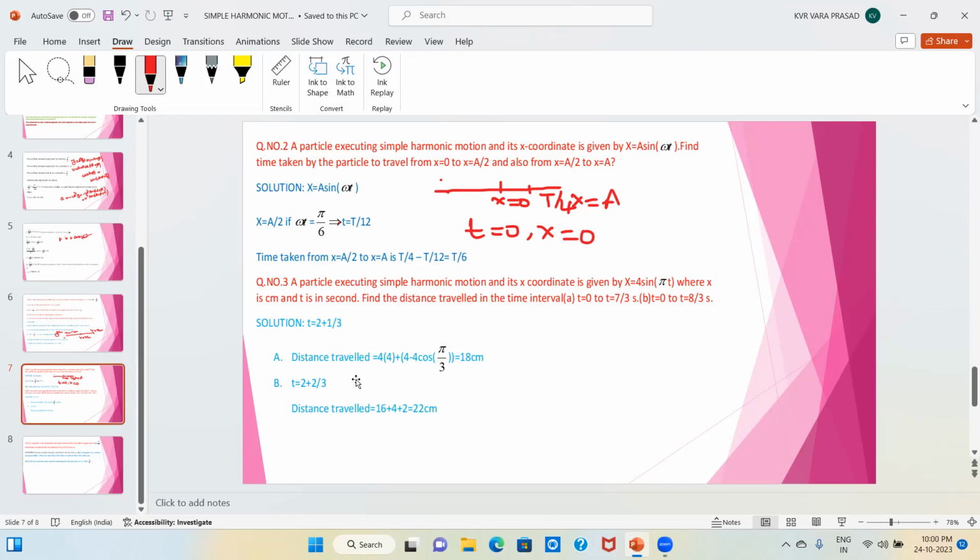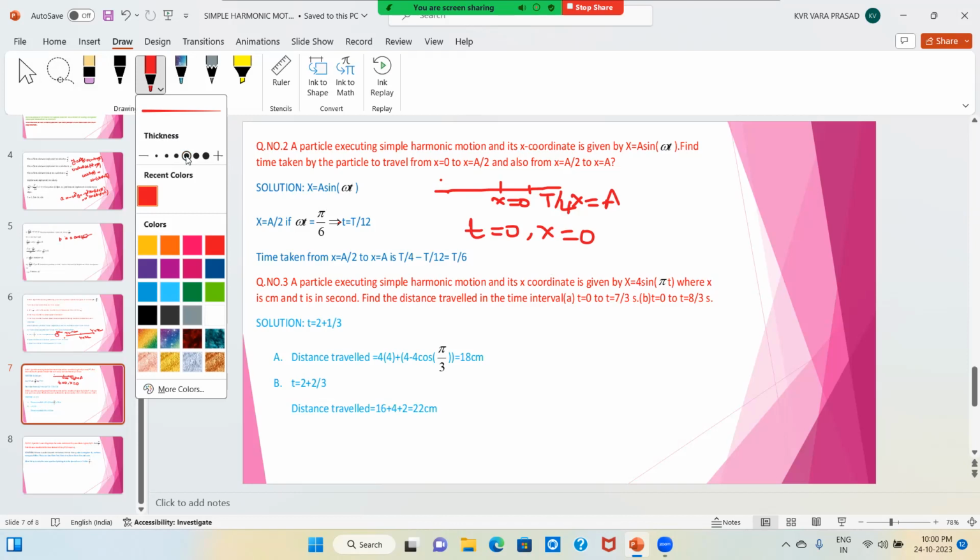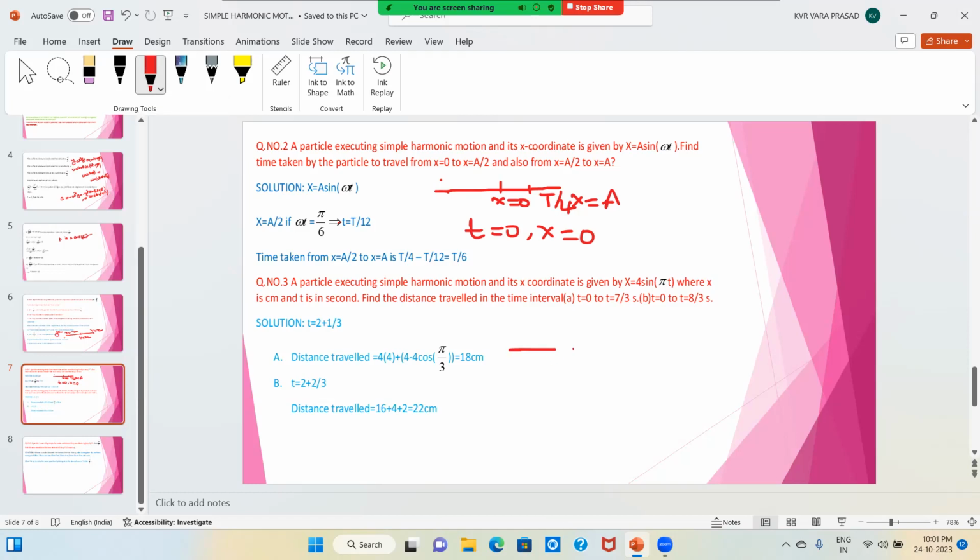Let us see here what is given. x equal to 4 sin pi t. Let us make a diagram for this one.